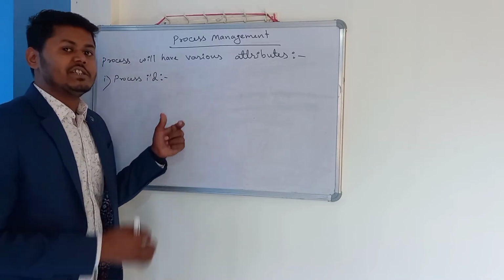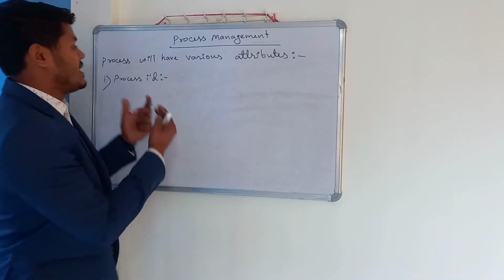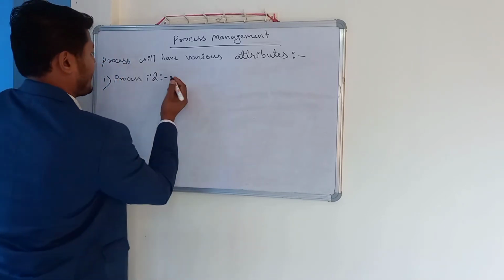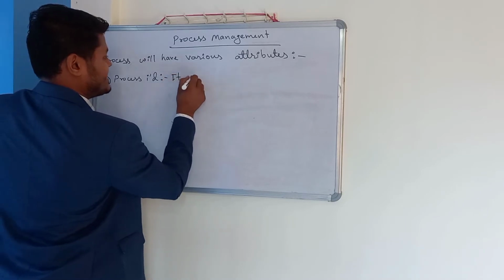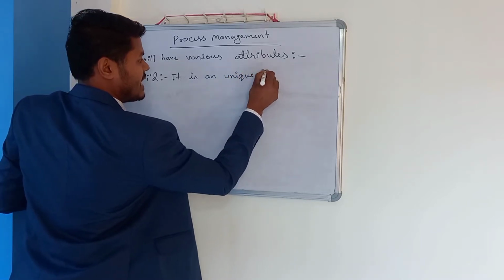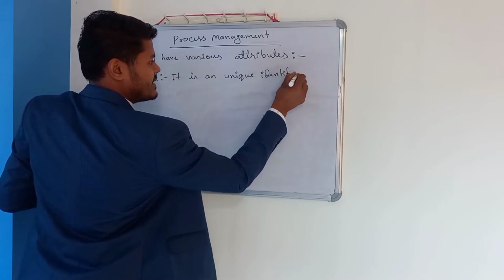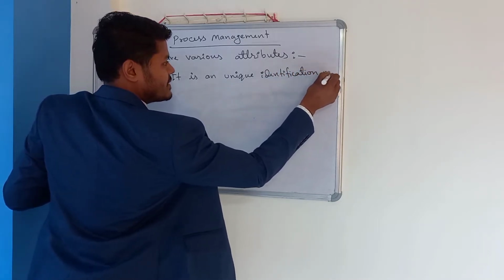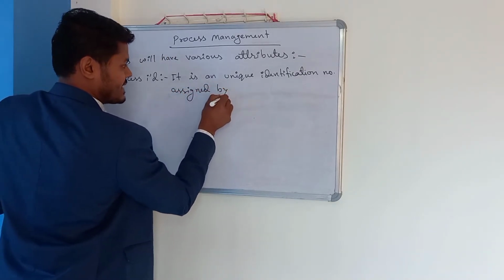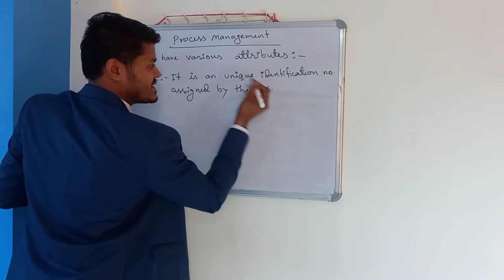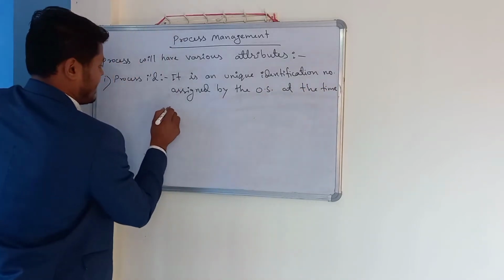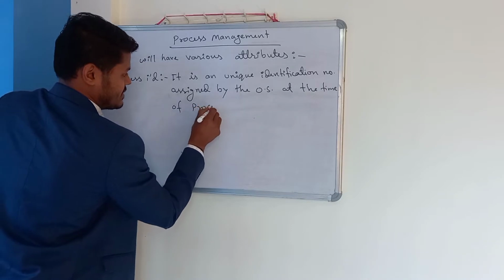Process ID is a unique identification number assigned by the operating system at the time of process creation.